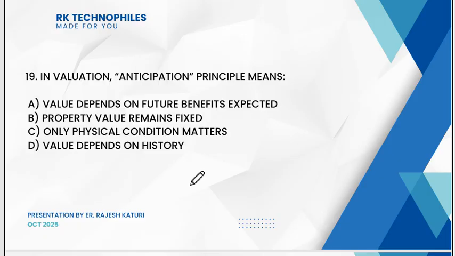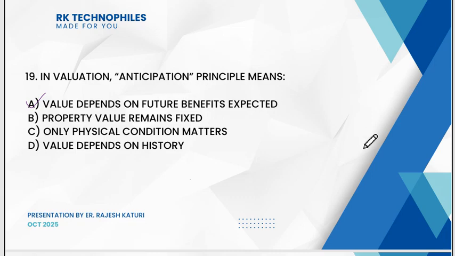So 19th one, in valuation, anticipation principle means, just now we discussed it. The options are A, value depends on future benefits expected, B, property value remains fixed, C, only physical condition matters, D, value depends on history. You can immediately tell the answer. The answer will be A, value depends on future benefits expected. Anticipation means hope, right?